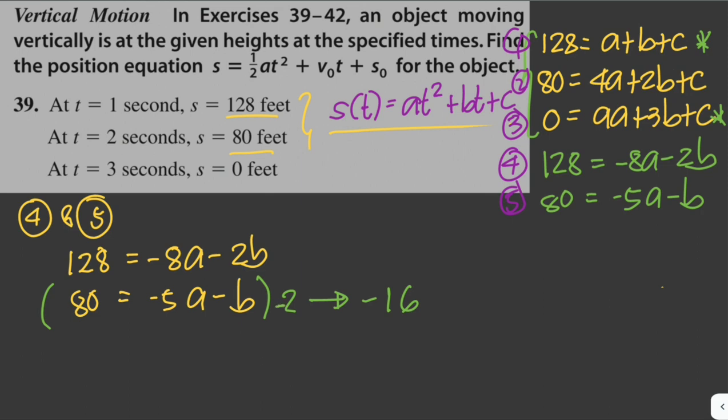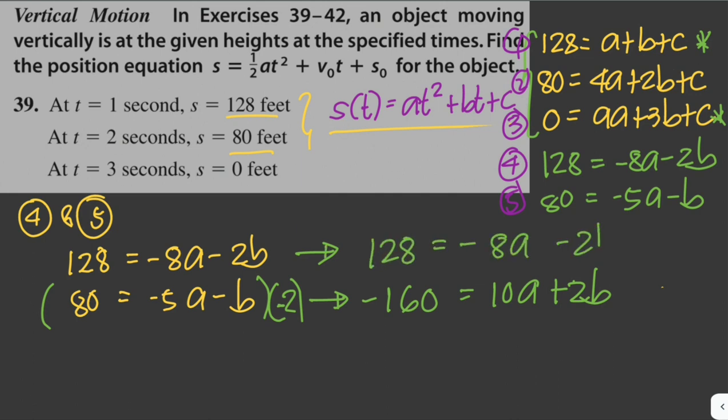We multiply this by negative 2. So negative 160 equals 10a plus 2b. And then we copy this: 128 equals negative 8a minus 2b.